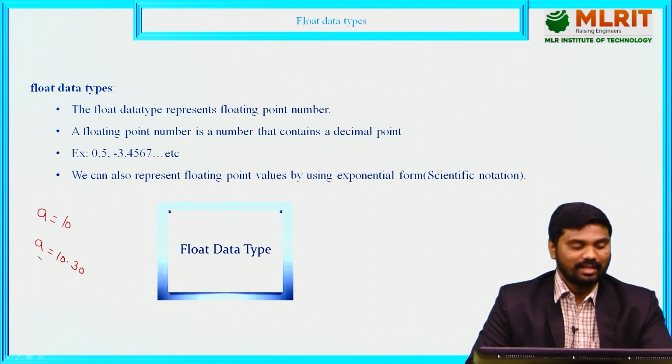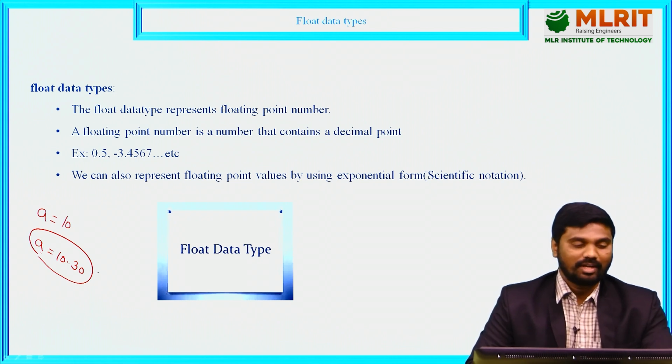So this is an example. See here, this is a decimal point number. That means the int data type and float data type represent decimal values only, but the int data type does not contain a decimal point, and float data type values contain a decimal point.